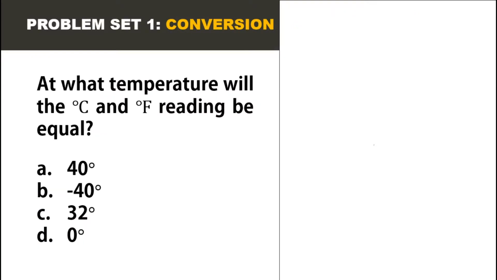At what temperature will the degrees Celsius and degrees Fahrenheit readings be equal? You have this formula for converting Fahrenheit to degrees Celsius: degrees Celsius is equal to 5/9 times the quantity degrees Fahrenheit minus 32.